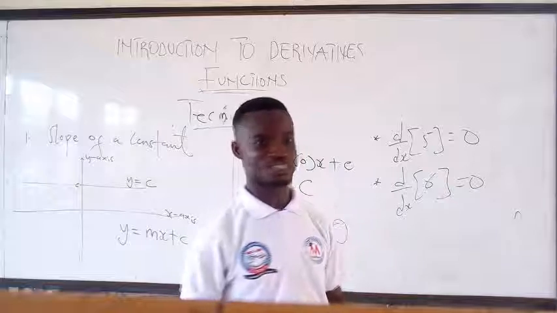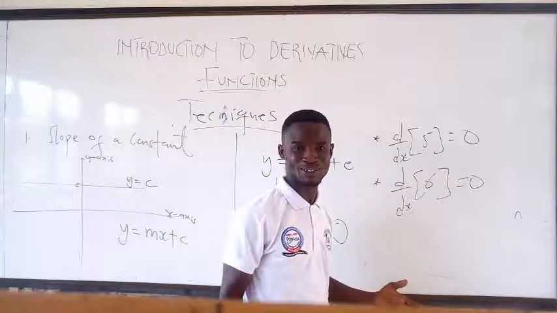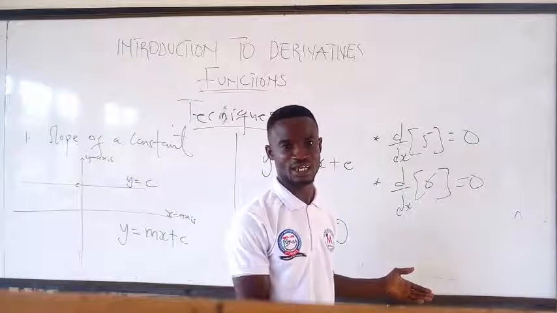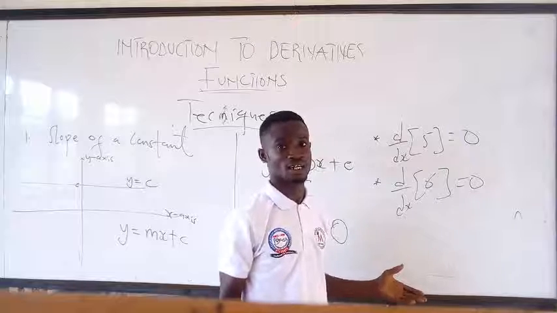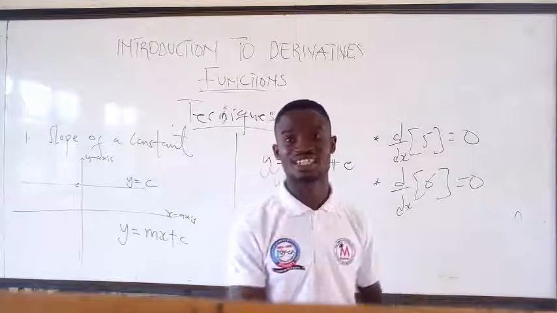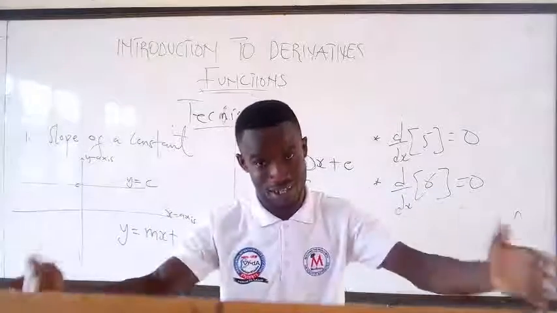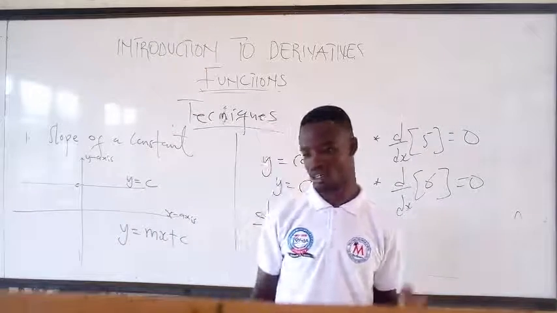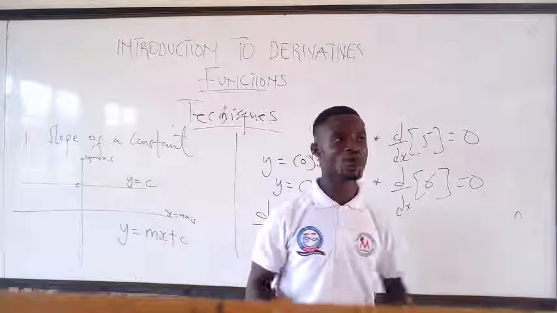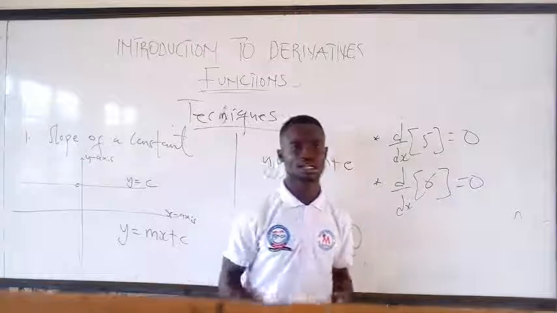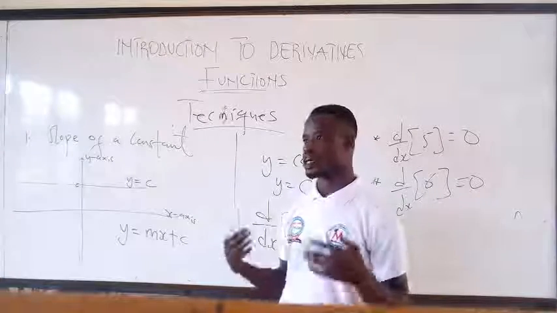That's the beauty of mathematics. So somebody will say, what about the negative numbers? It doesn't matter. Negative 1,000, negative 2,000 is still a constant, so they are all 0. I hope it's clear.